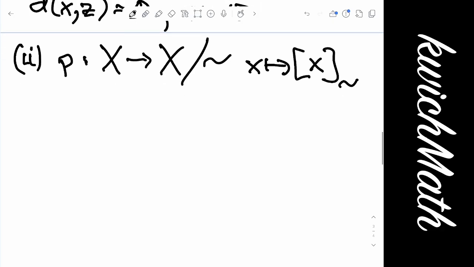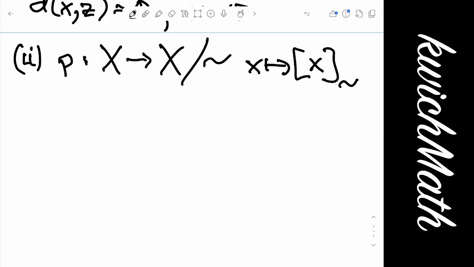And this map will be surjective, but in general it will not be injective, because we can have equivalence classes with like the clumps, right, with a lot of points in them, several points in them.